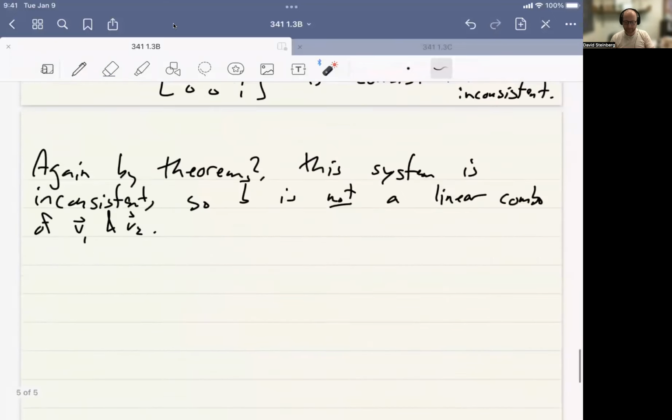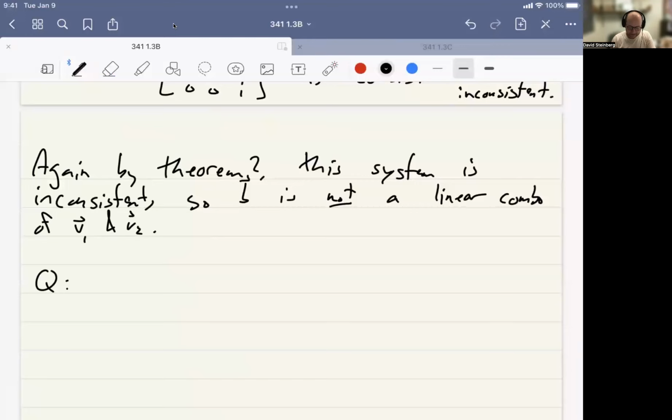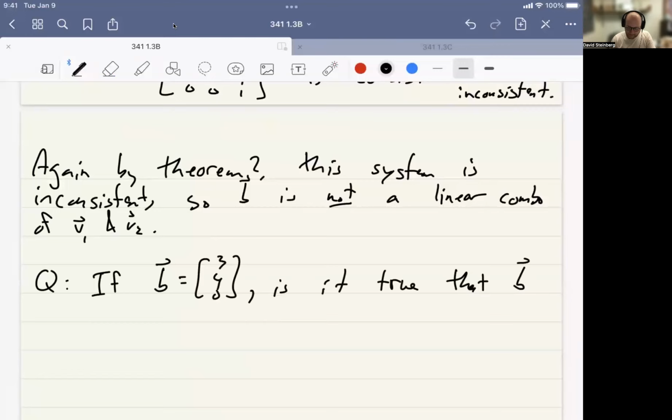Okay. So maybe we might reasonably ask, well, if we change B and make it 3, 4, 0, then does it work? So let's figure this out. If B is now 3, 4, 0, is it true that B is in the span of V1 and V2?